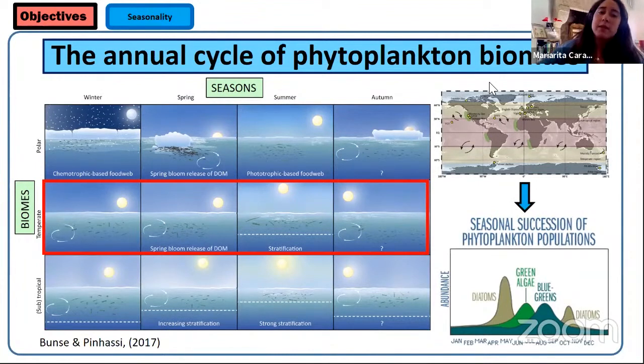Following this annual cycle of biomass, we have different successions of groups. For example, in the temperate biomes, diatoms normally bloom in spring and in autumn. But inside each of these groups, we also have a succession at the level of species, with different species succeeding in every season.